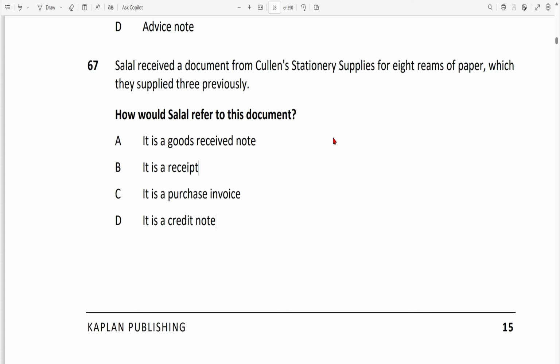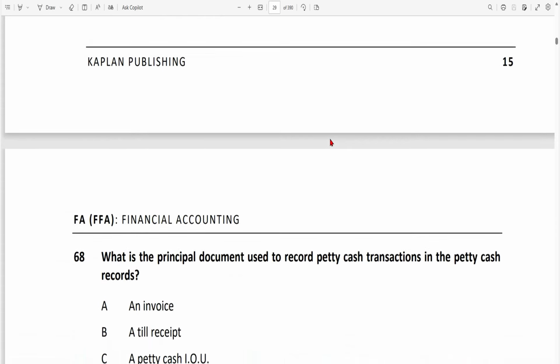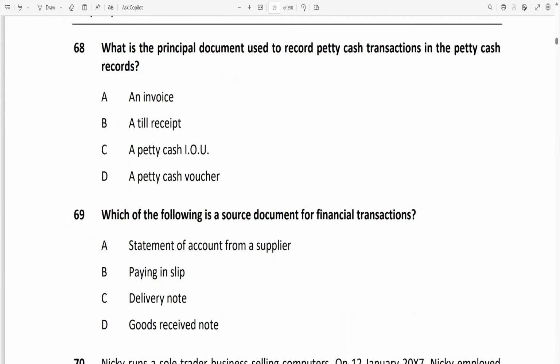All right, let's move to the next question. What is the principal document used to record petty cash transactions in the petty cash records? So let's evaluate the options. The first option is an invoice.